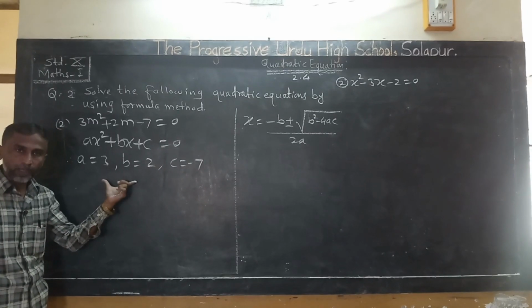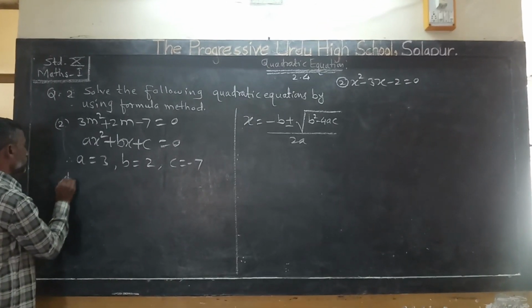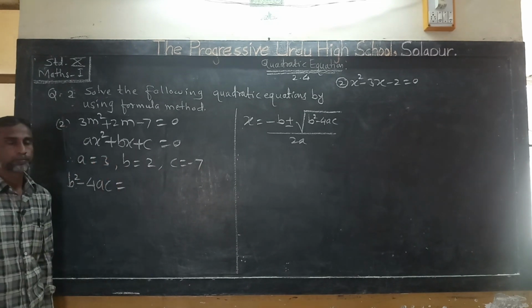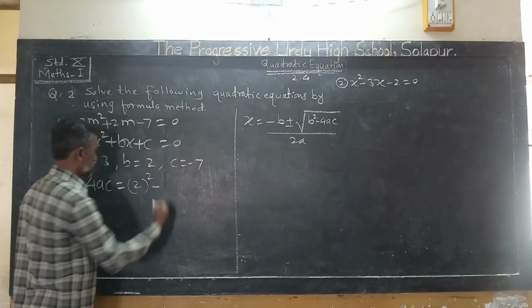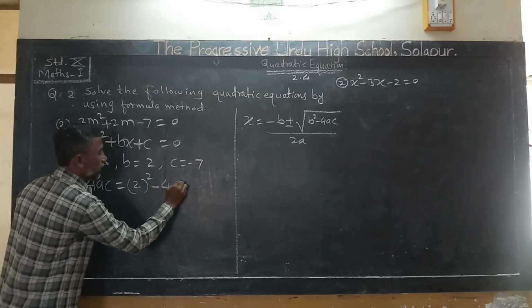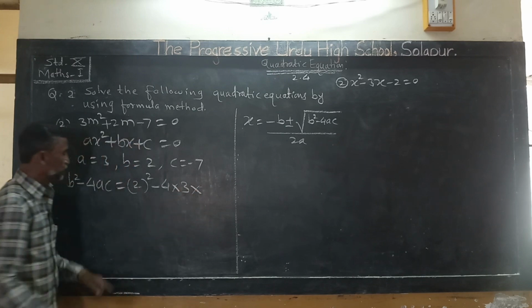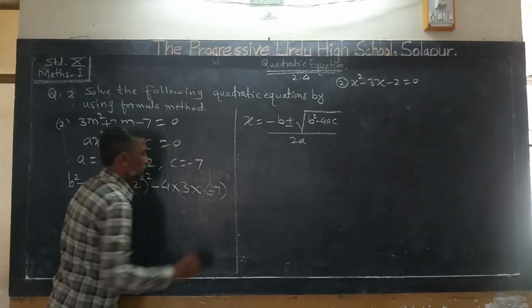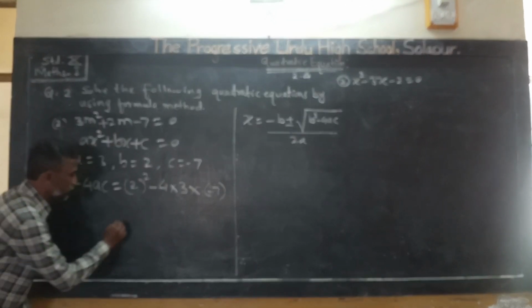After writing these values, find the value of b square minus 4ac. b square minus 4ac is equal to b square, 2 square, minus 4 into a is 3, into c is minus 7. Write it in brackets. Put the values of a, b, c. After putting the values, calculate.